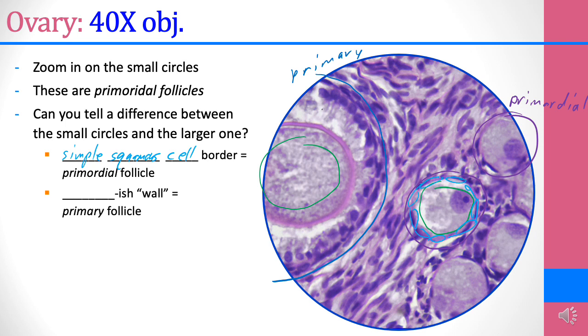Okay, whereas here we have what I'm going to call a cuboidal-ish wall. Some of these cells end up being fairly tall. Some of them end up being kind of flat, but the average cell is kind of cuboidal. These are the granulosa cells. Okay, so these are follicular cells.